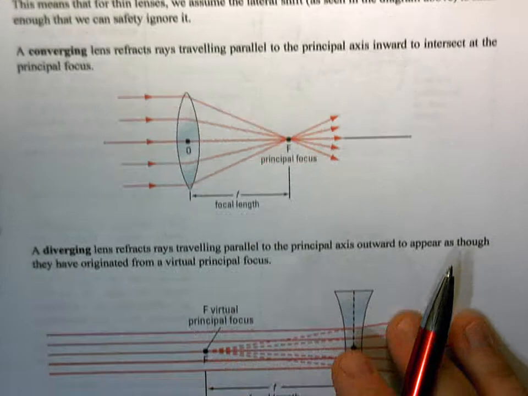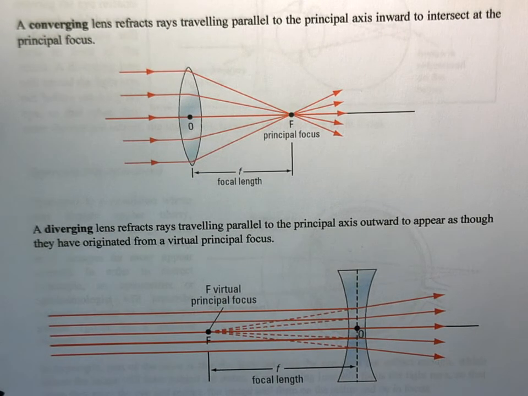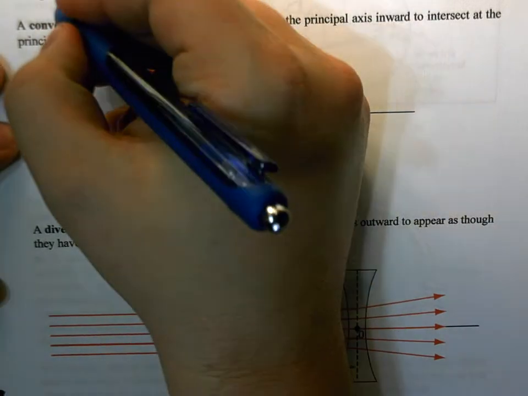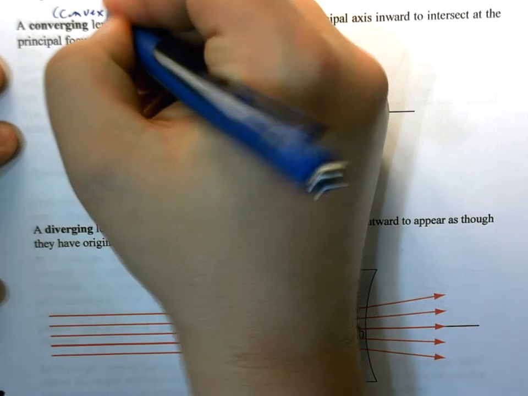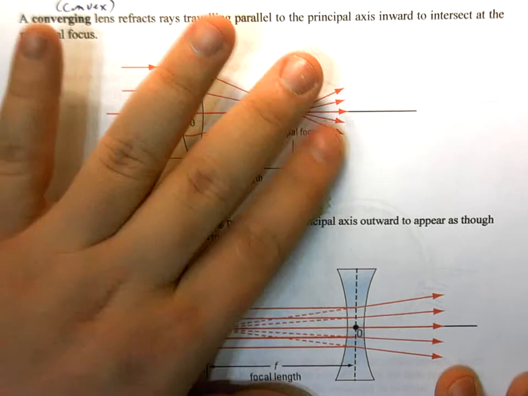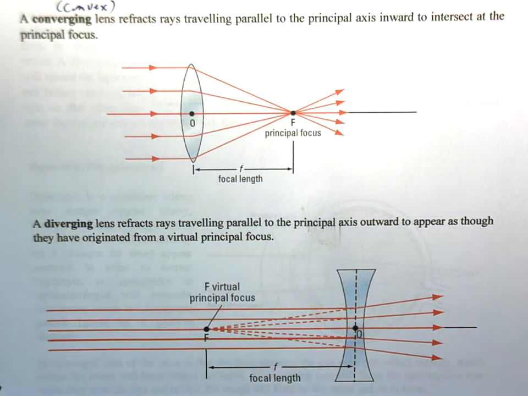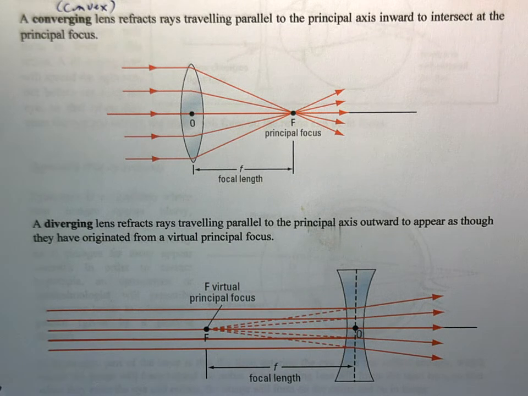So the two types of lenses that you'll see, first of all, is this thing called a converging lens. You may see the term convex lens, but we will use convex strictly for mirrors, not lenses. So we're going to talk about a converging lens.